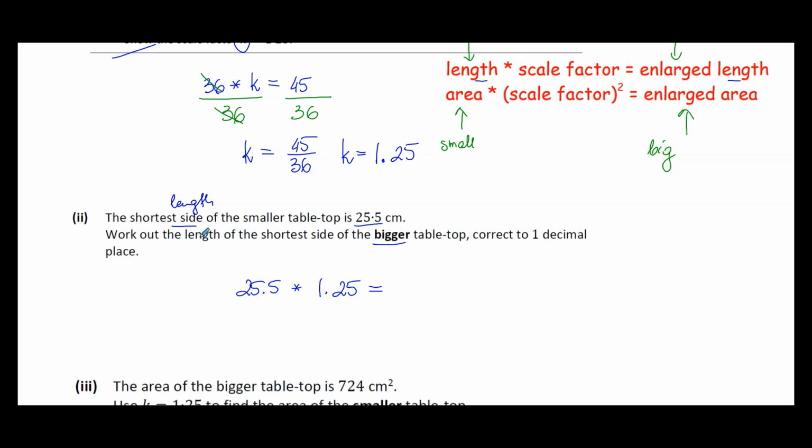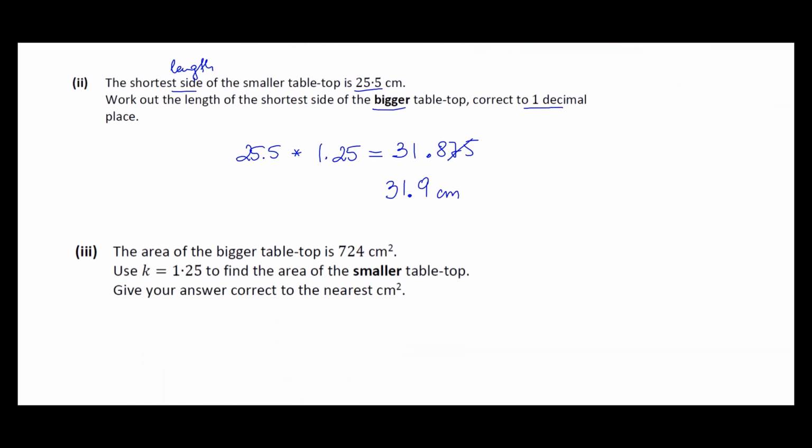When we put that in the calculator, we get 31.875. We have to give it to one decimal place, so the 7 is 5 or greater and we round up to 31.9, and that is in centimeters.